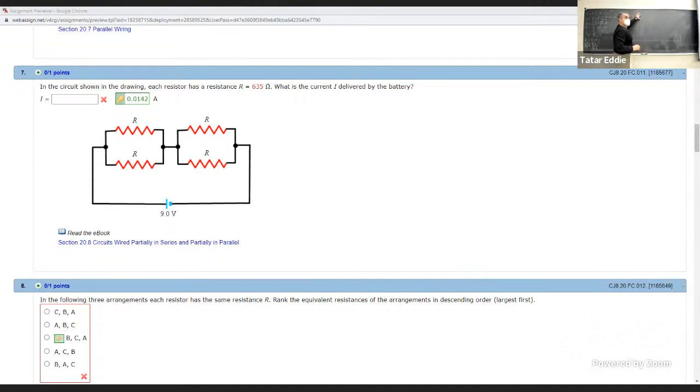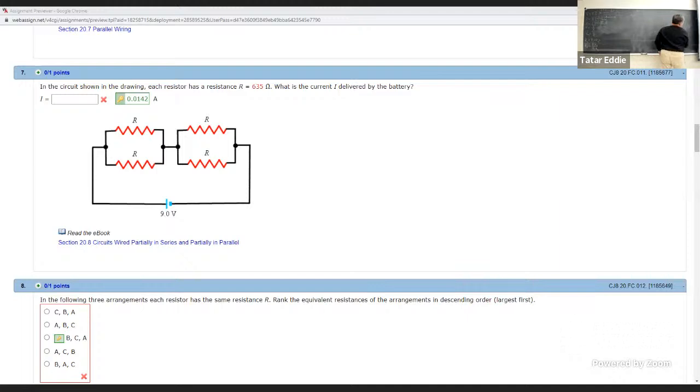The initial circuit is equivalent to this circuit with a single resistor with a value of 255, right? The sum of 127.5 and 127.5 is 255. And now you can immediately say that the current that flows here is going to be the voltage divided by the resistance.